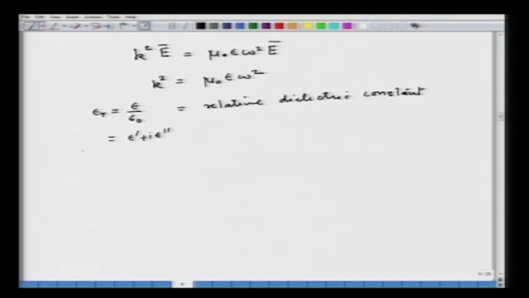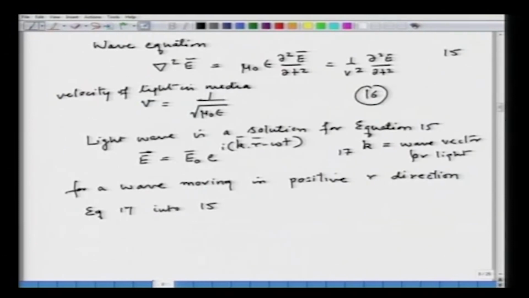Now, from the Maxwell equations in vacuum, we will find that the solution for the light wave that we obtain will have a velocity c, which will be given by this. This was seen earlier over here, where I showed you that in the media the velocity of light will be given by 1 over the square root of the magnetic permeability times the dielectric constant.